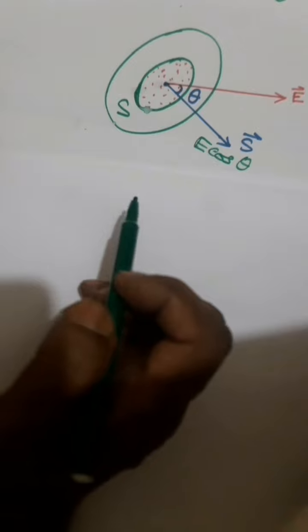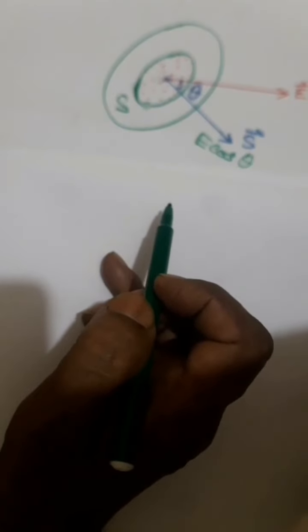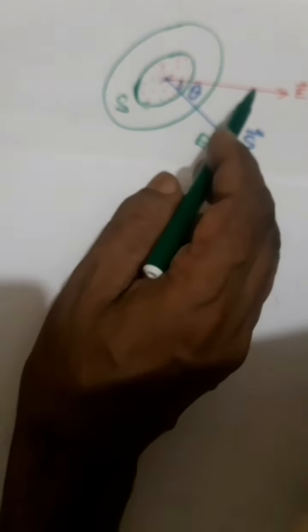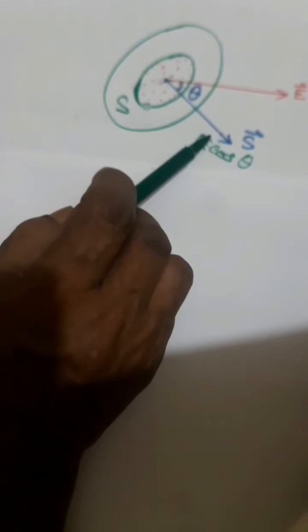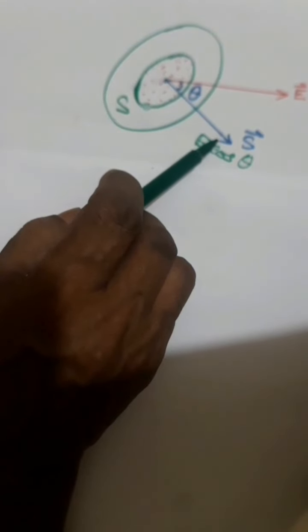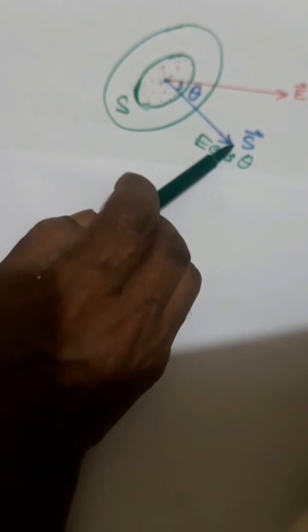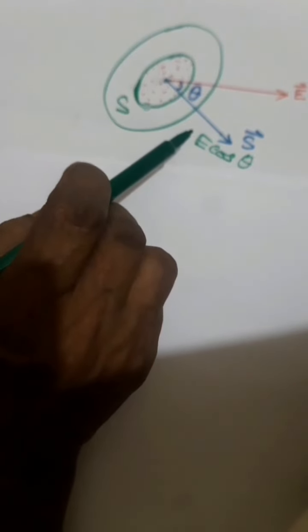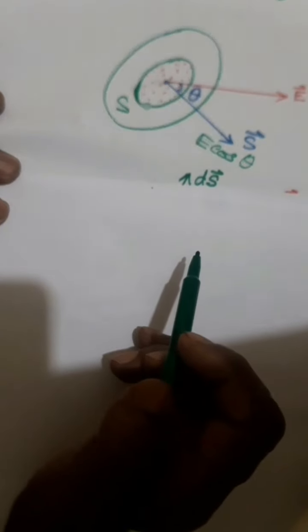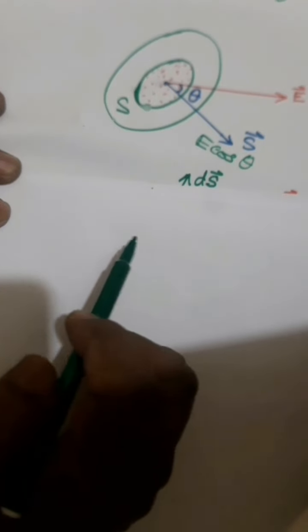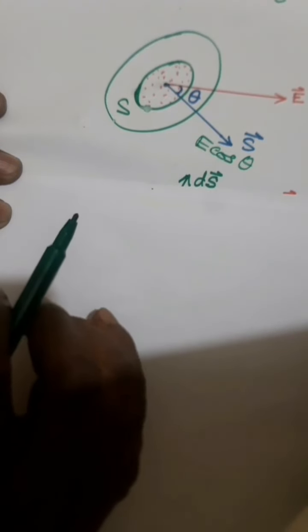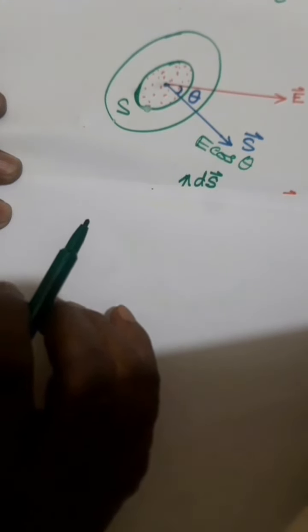If the surface makes an angle theta with the electric field E, then the component of E along the normal to the surface is E cos theta. Then we must say that E cos theta lines of forces are coming out normally from a unit area of the surface.